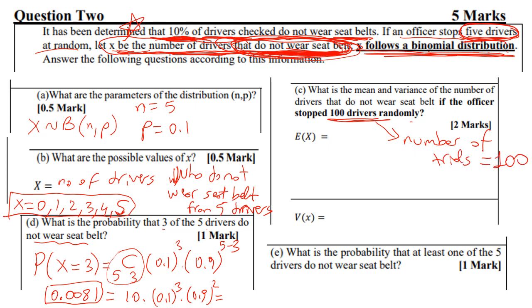So now X will have a binomial distribution with 100 trials and success probability 0.1. The expected value, or the mean of X, is n times p, which is 100 times 0.1, which makes 10.